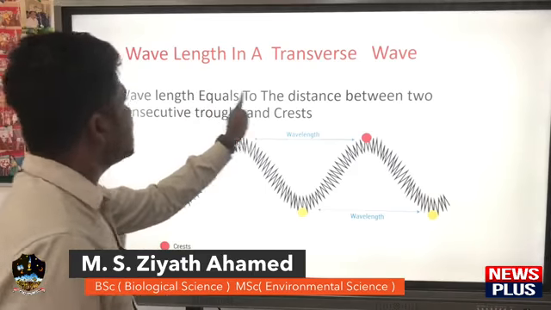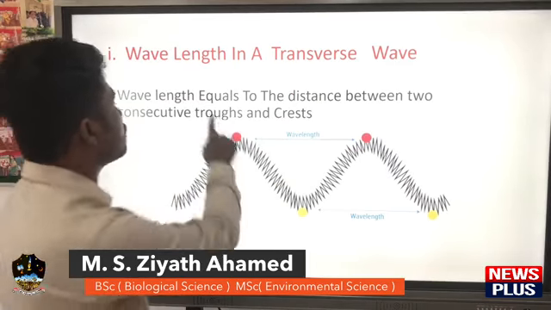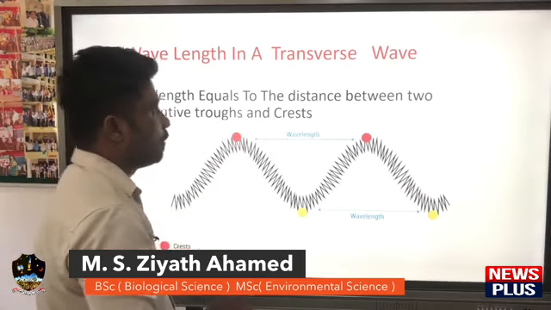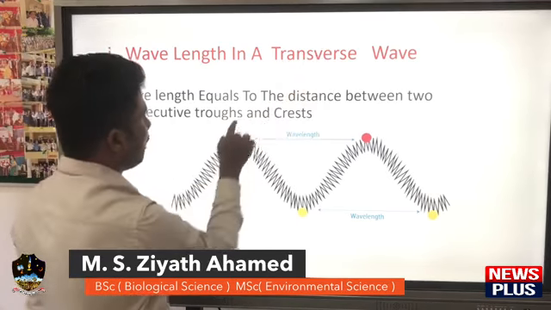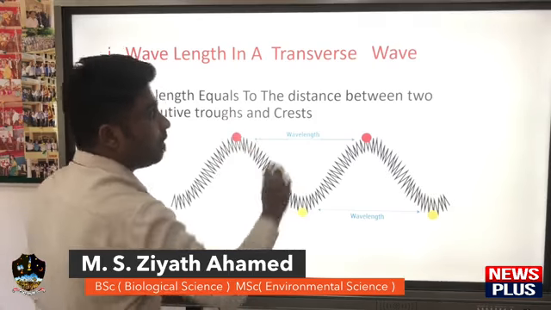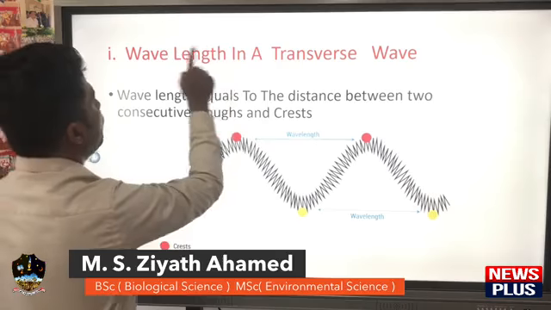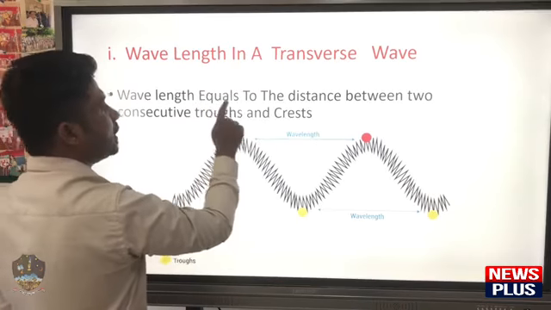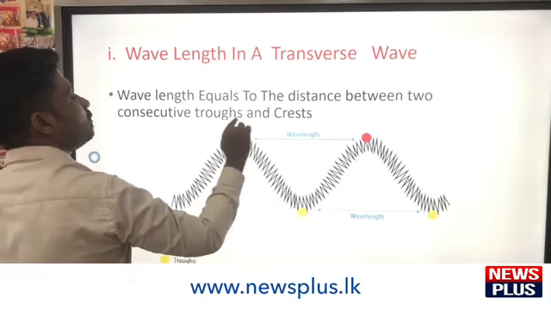Wavelength equals the distance between two consecutive troughs or crests. We know a transverse wave forms crests and troughs. Because of that, we can define wavelength as the distance between two consecutive troughs.